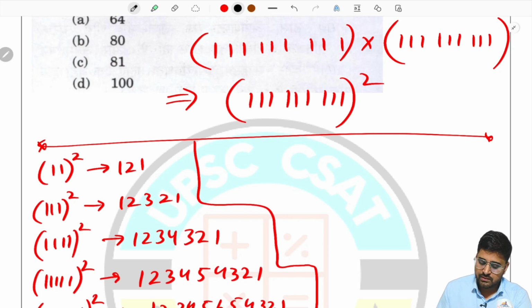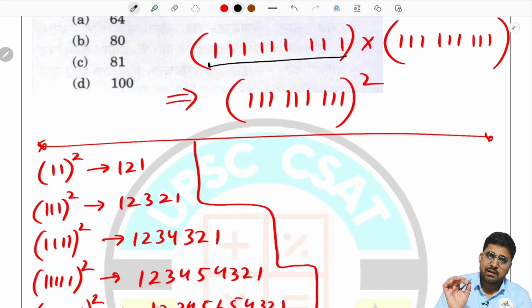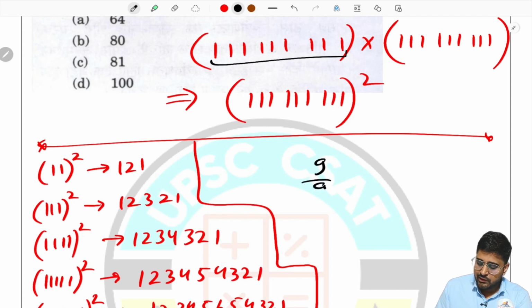For the divisibility of 9, we first take the sum of the digits, and that should be divisible by 9. So what is the sum? 1 plus 1 plus 1 plus, it's 1 2 3 4 5 6 7 8 9. So 9 is divisible by 9. Yes, so the remainder is 0. It's completely done.